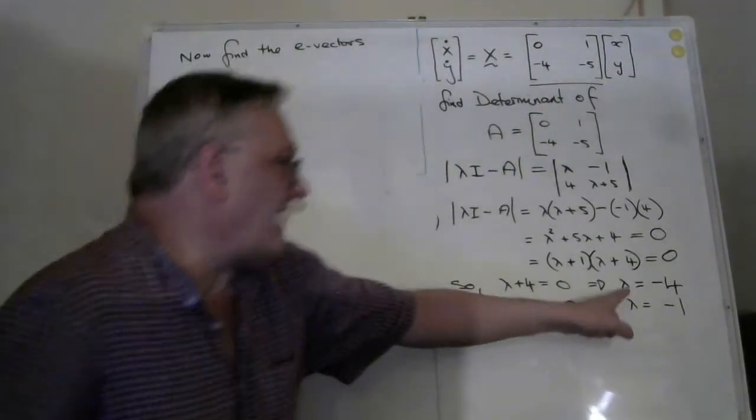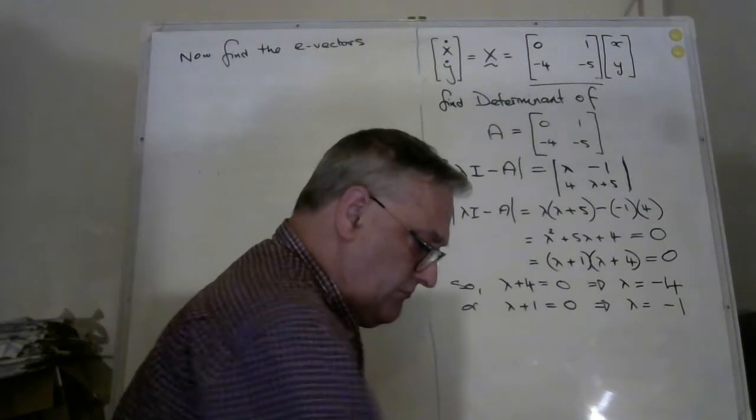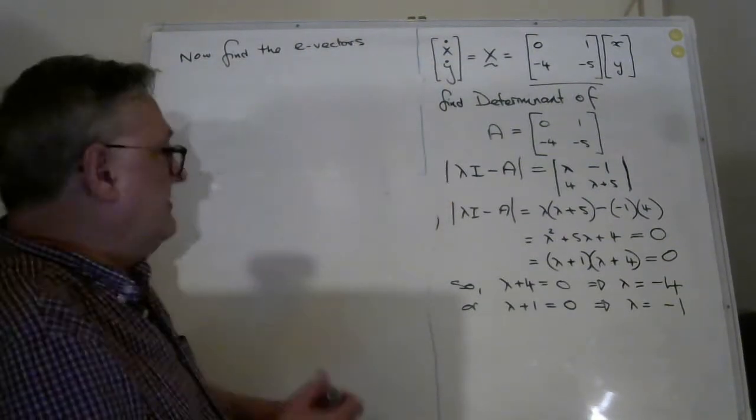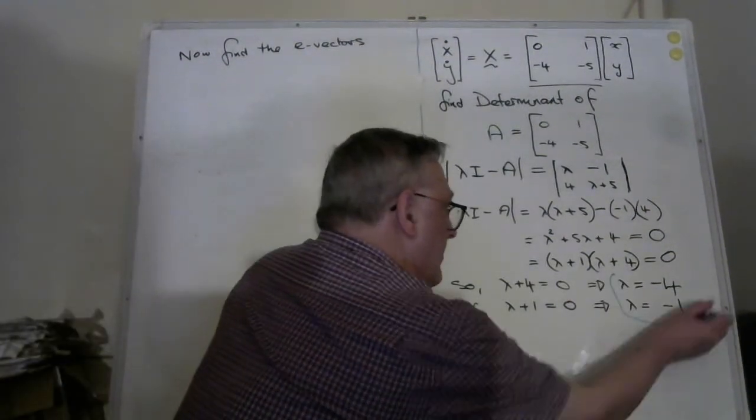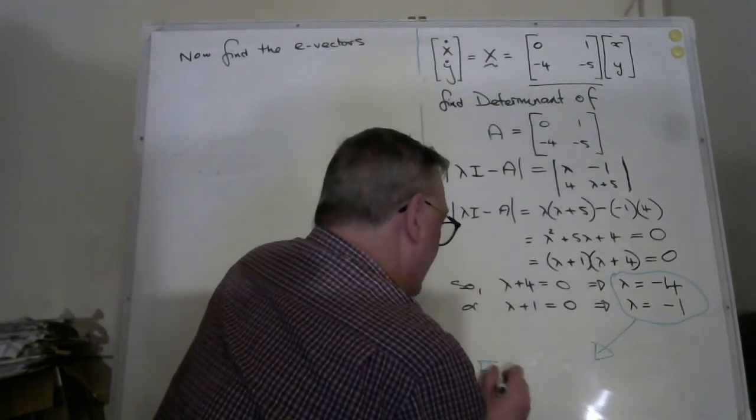So these values for lambda are the eigenvalues.